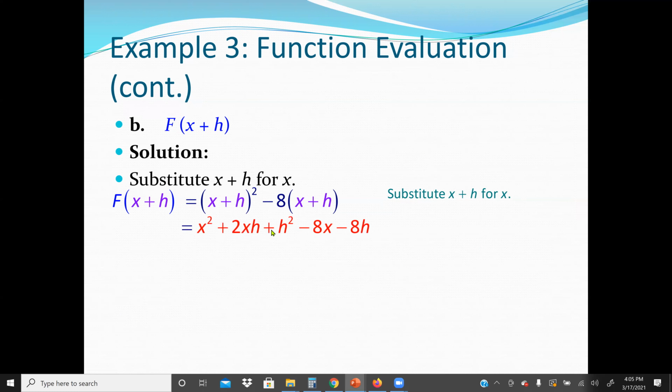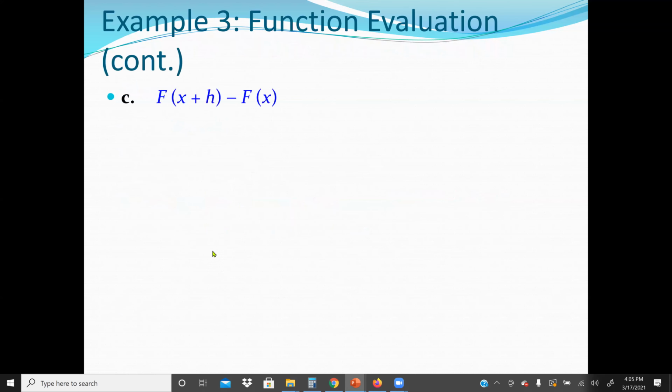We can open the parentheses, a perfect square, which will give us x squared plus 2xh plus h squared. Then we open the parentheses for the second, minus 8 times x will be minus 8x, minus 8 times h will be minus 8h. Then we see if we can combine some like terms. Here we cannot combine, so we leave the answer as it is.